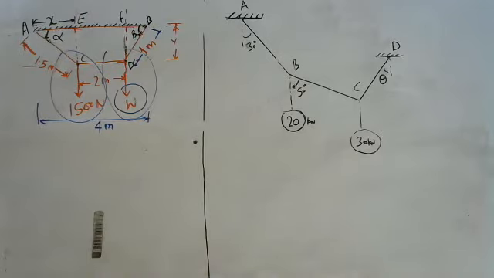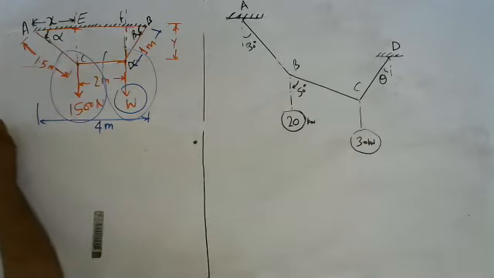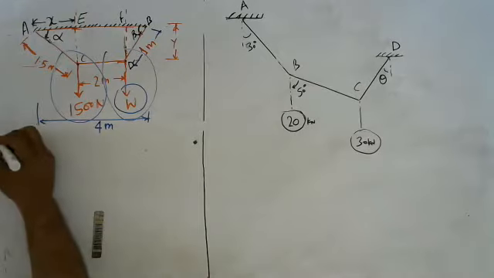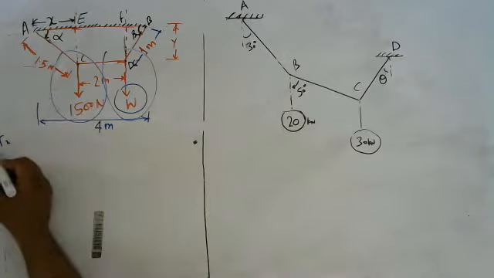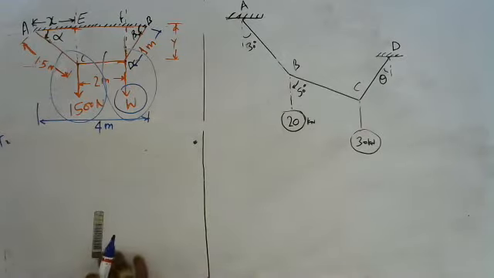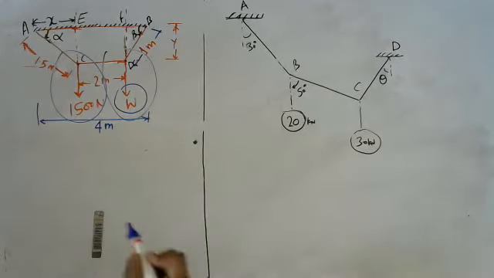So first of all, I think I should consider joint C. When I consider joint C, I see it like this. Let us assume this is T1, T2 and this 1500. I just draw this diagram.